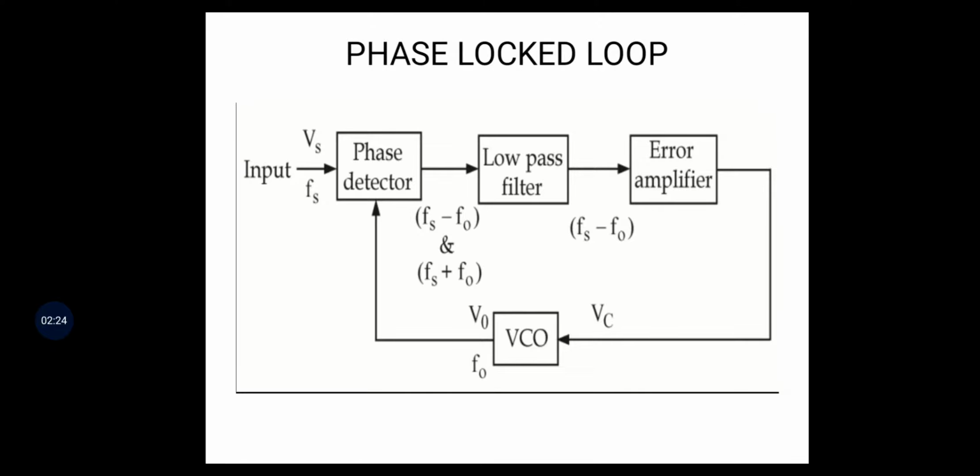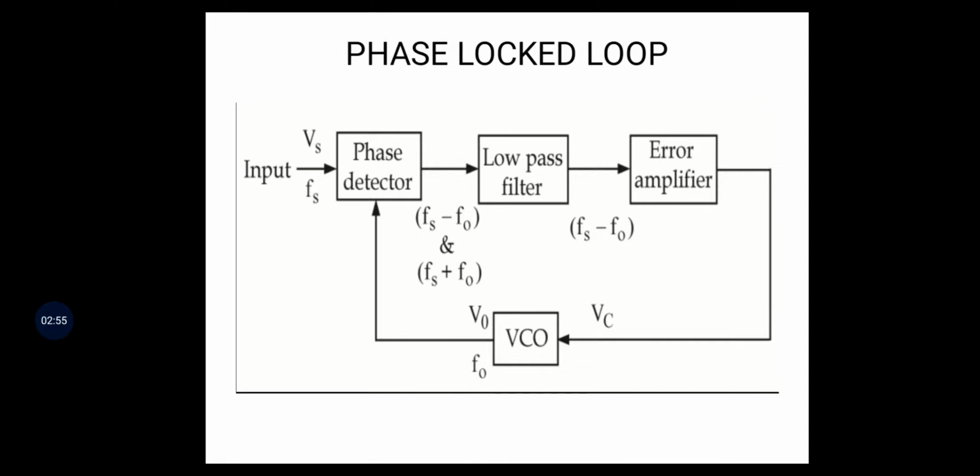The next stage is low pass filter, next error amplifier. Next is the feedback, which has the voltage controlled oscillator. Here the voltage controlled oscillator input is Vc, and its output is V0, F0.